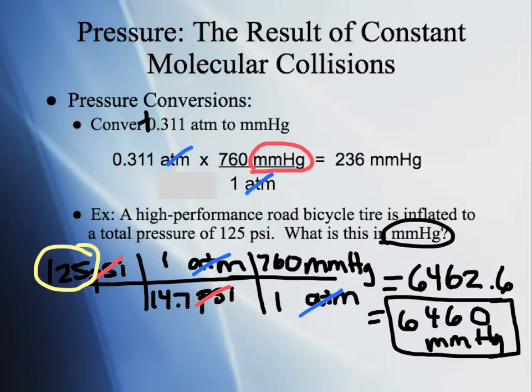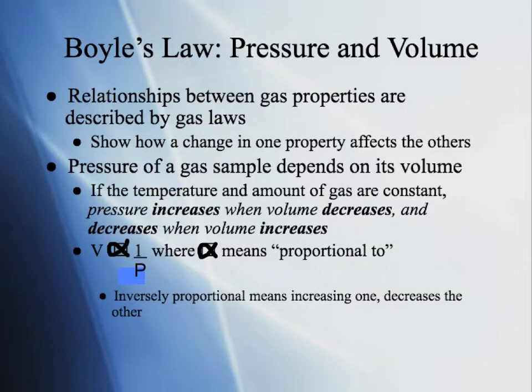All right, so let's keep on going. All right, so now we know a little bit about pressure and that it has to do with gases. Let's take a look at our first gas law that we're going to investigate. It's called Boyle's law. Now, like I said a little earlier, relationships between gas properties are described by gas laws.